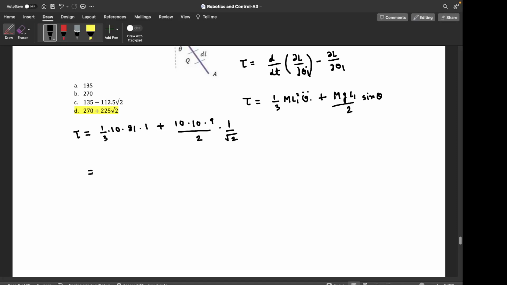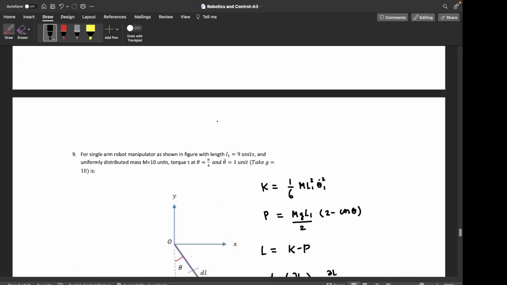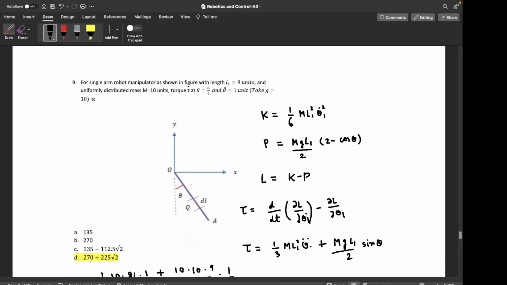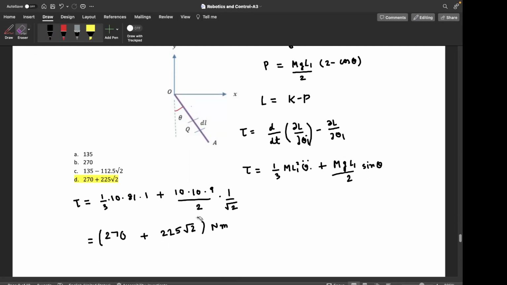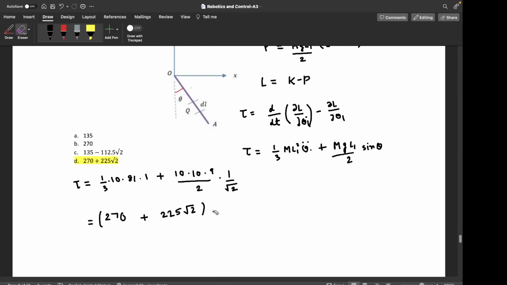So this is equal to 270 plus 225 root 2, and the units will be Newton meter. In case it's just given in terms of units, let's not write the units.